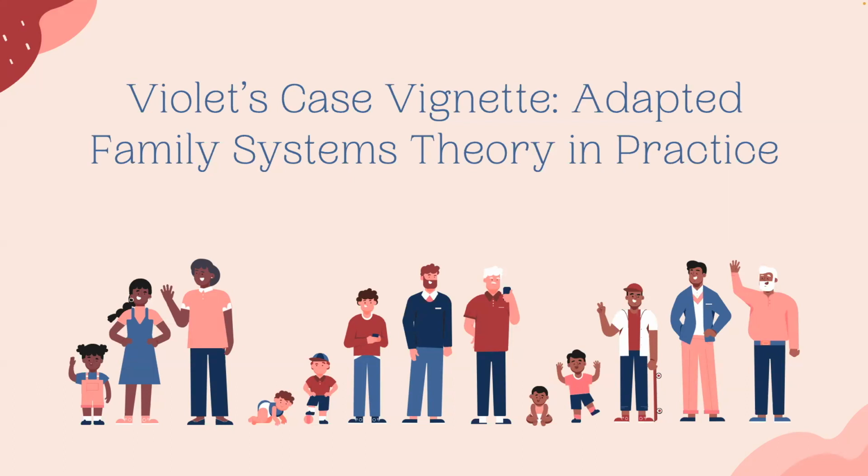Michelle fully believed in the adapted family systems theory and viewed biological and foster families as part of the child's family unit, with the goal of fostering healthy relationships for all family members. Violet was placed in foster care with the Cooper family, who were seasoned foster parents and did not have any other children in their home at the time.